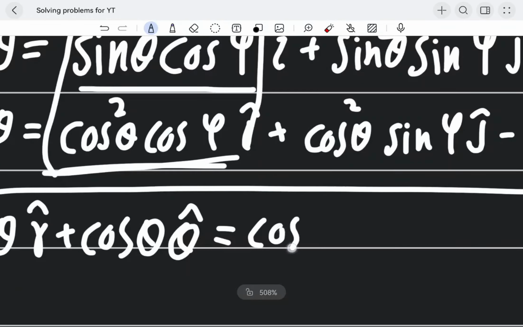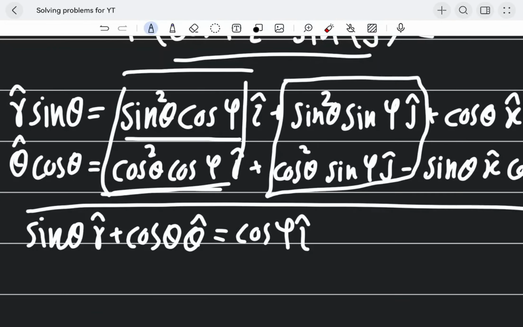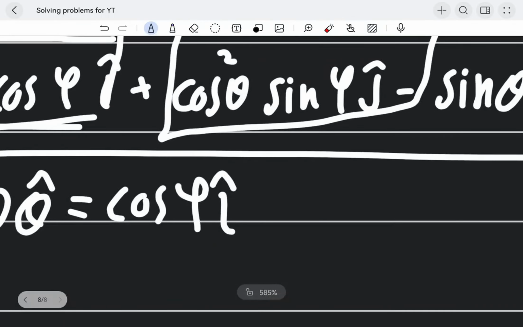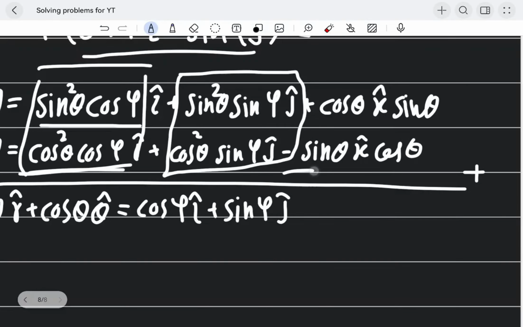So we have cosine phi i hat. Here also, taking sine phi as a common factor, sine phi j hat. And these two are the same but with different signs, so they cancel out.